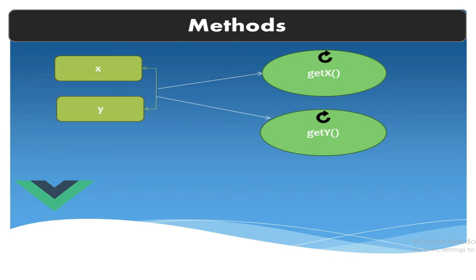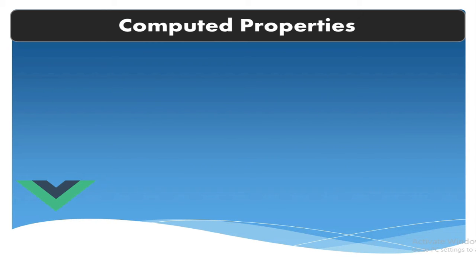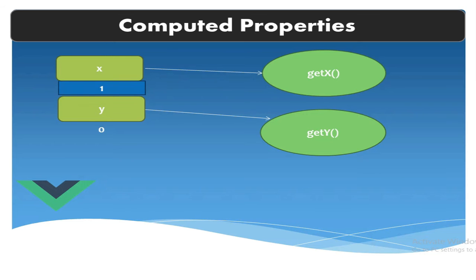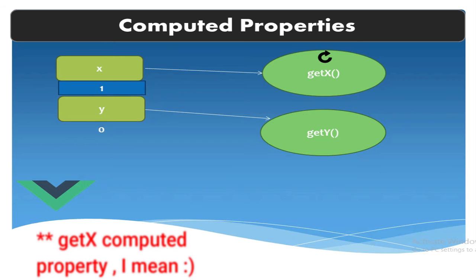So now let's see how computed properties work. Let's say we have x and y again, and both are set to 0. Now they both have computed properties called getX and getY, which simply return their values. If we change the value of x from 0 to 1, then only getX will rerun.